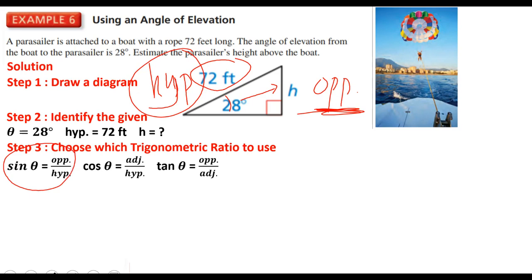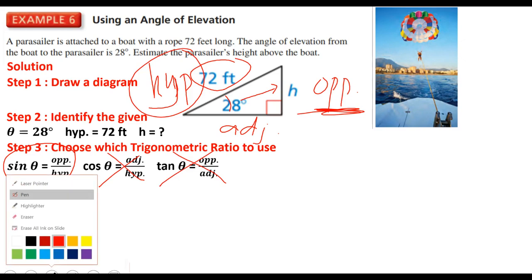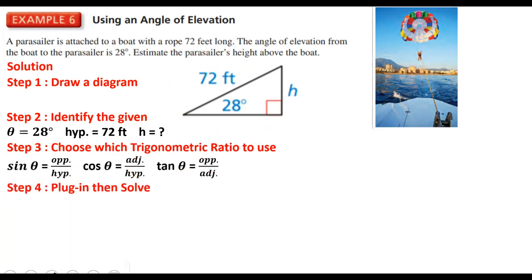For cosine, you need the adjacent and the hypotenuse, so we cannot use that. For tangent, you need the opposite and your adjacent, so we cannot use that. So we will be using sine. So we will be going now to step 4, which is plug in then solve. So that's our trigonometric ratio that we'll be using.